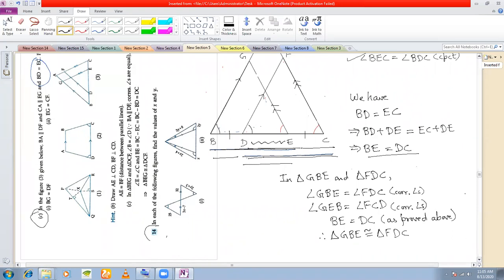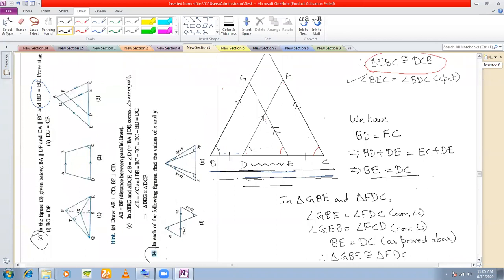And what axiom are we talking about here? Let's see the figure. In this triangle, we are talking about this angle, this angle, and this side. In the other triangle, we are talking about this angle, this side, and this side.